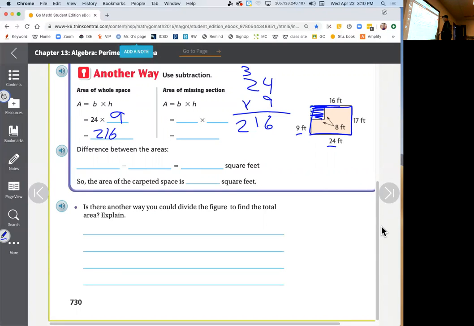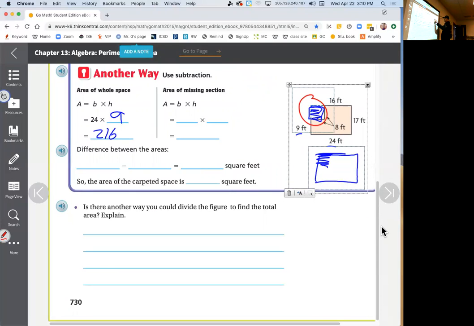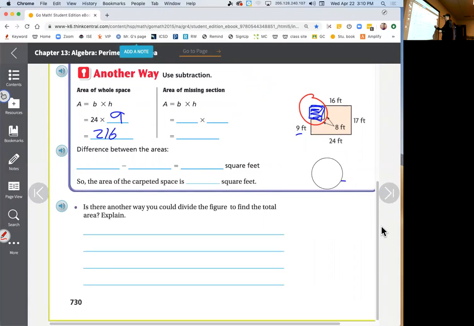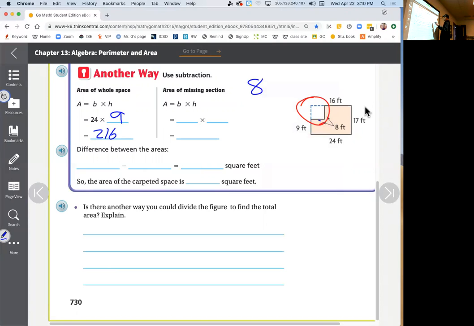Now we find the area of the small little one, the one right here that we don't want. What is the area of that right there? Well, what is the base? The base is 8. The height is 8. So we multiply those together and we get 64.